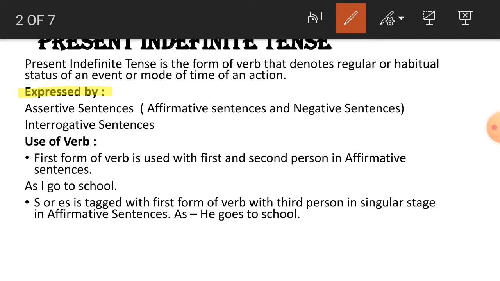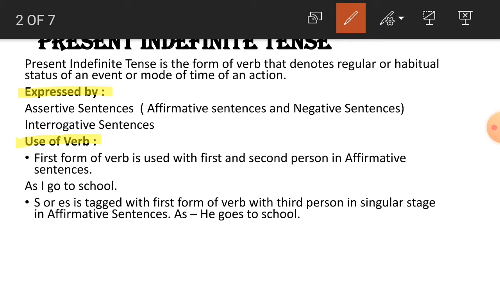Next, use of verb. It means what form of verb is used in this tense. First form of verb is used with first and second person in affirmative sentences. Students, it is very necessary to know about the present indefinite tense.